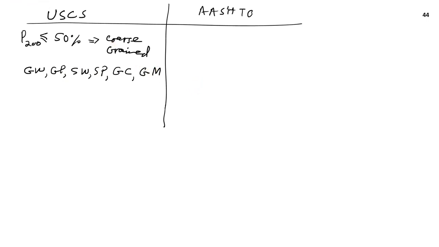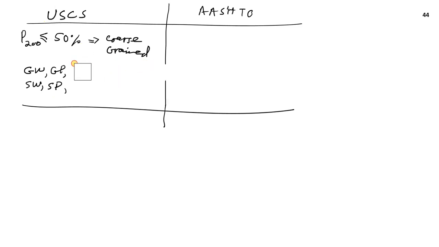Similarly we have SW and SP, well graded and poorly graded sands, and sands with clay or silt, clayey sands or silty sands.